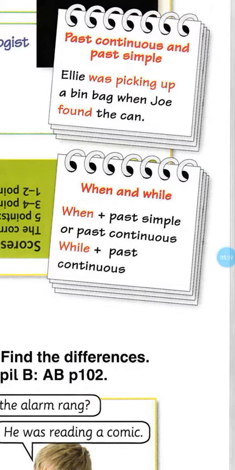So be careful. After when, there is past simple, and after while, there's past continuous. We use when with the past simple, and we use while with the past continuous.